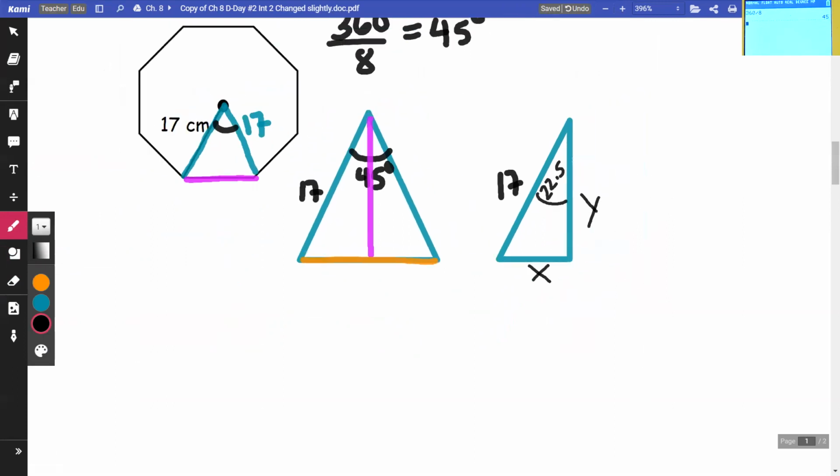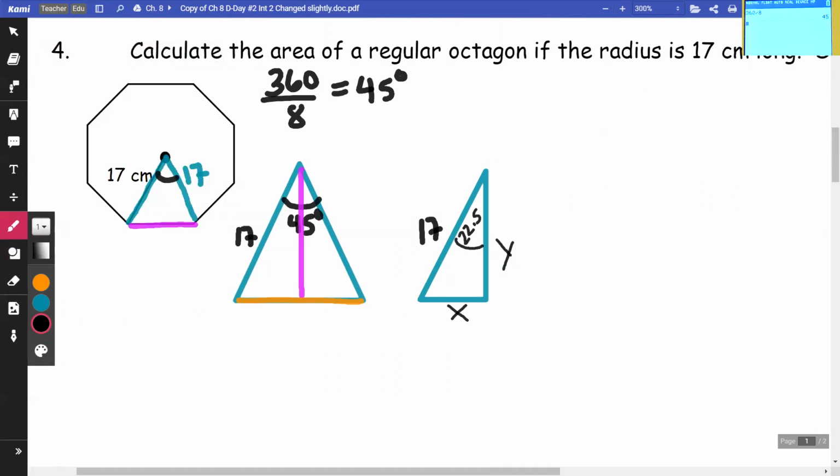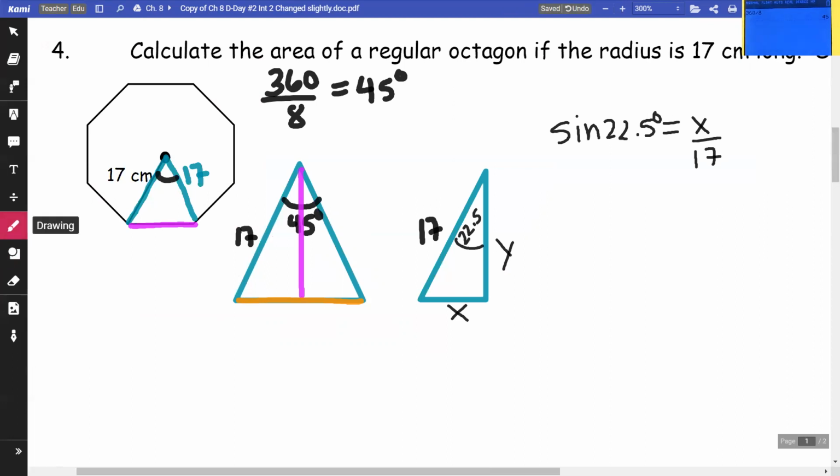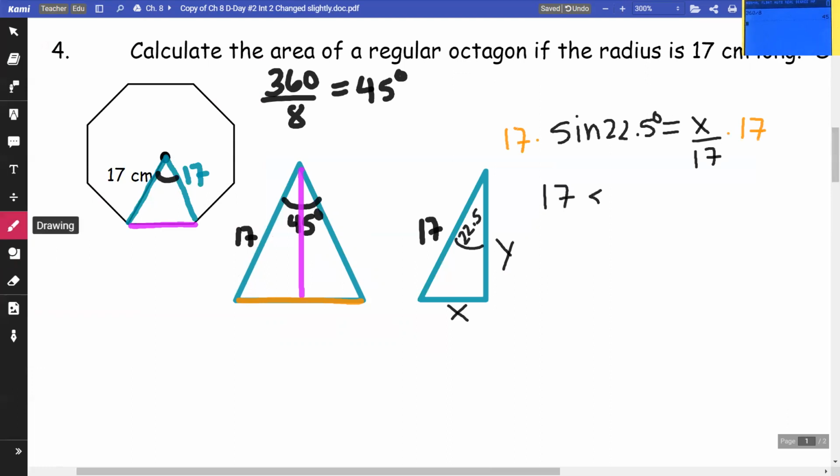So that is going to be sine. So sine of 22.5 degrees is equal to opposite over hypotenuse, which is 17. I am going to multiply both sides by 17, and I get 17 sine of 22.5 degrees is x.